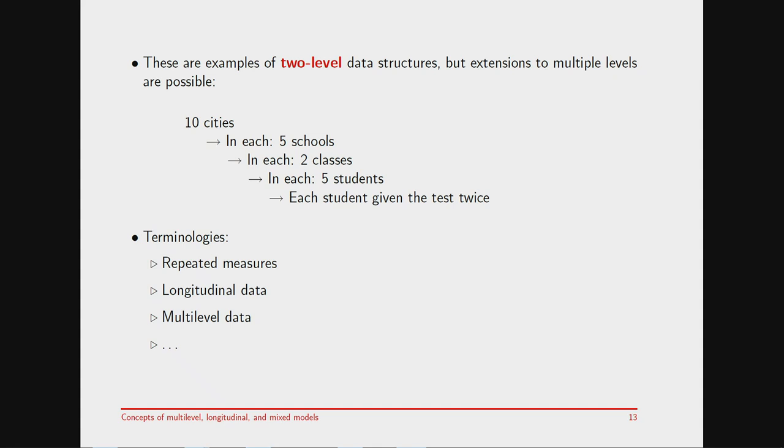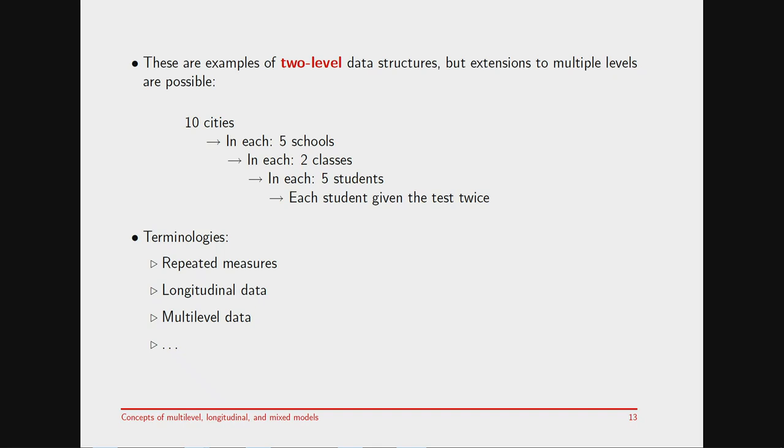Once you understand how that works, you can extend it to three-level data structures, four-level data structures, and you're almost not really restricted anymore to the number of levels that you have. Numerically, yes. If you would have a 50-level data structure, you would run into numerical problems.